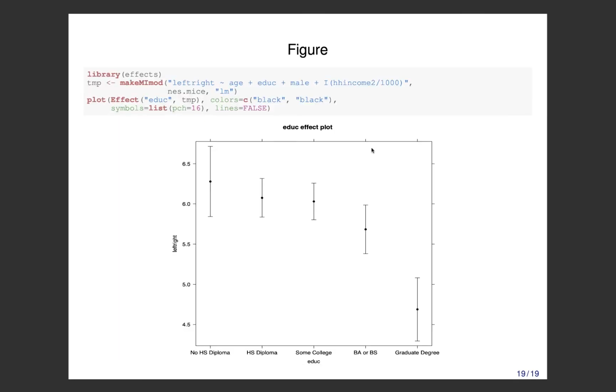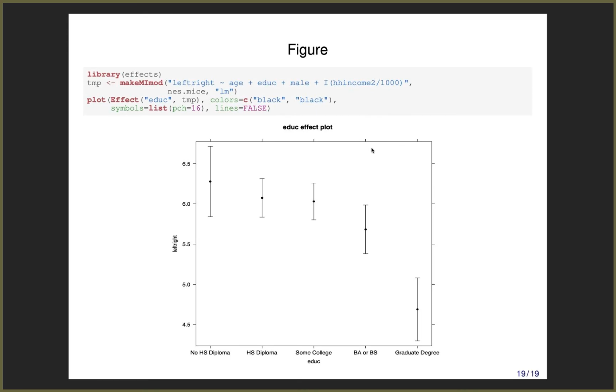So here's an example of how that works. We load the effects package. We use the MakeMIMod function. So the first argument is a formula, the formula that we want to estimate. The second is the mice object. And the last element here is the model that we want to run. There's also another, I have to look to make sure, but it's model args.